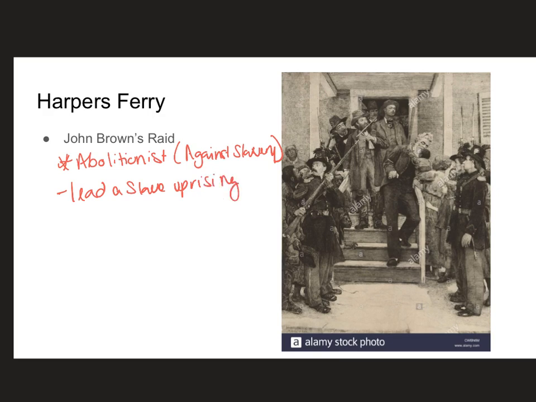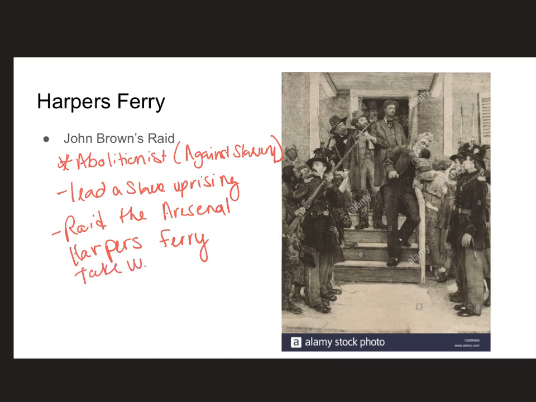So they tried to raid the arsenal at Harper's Ferry, to take weapons and arm the slaves.